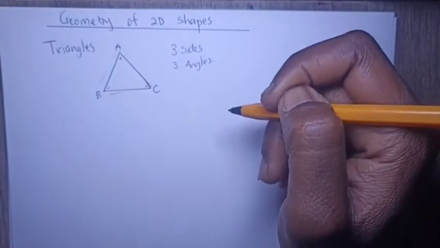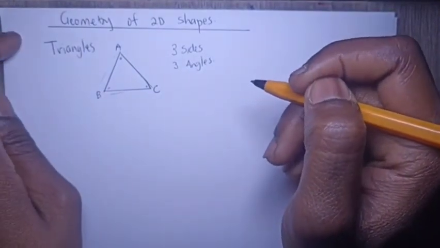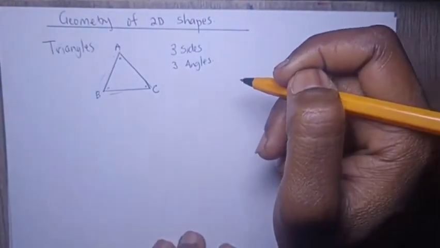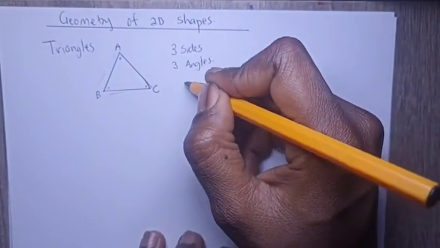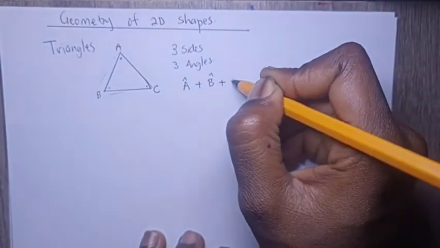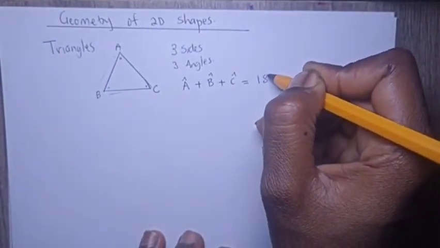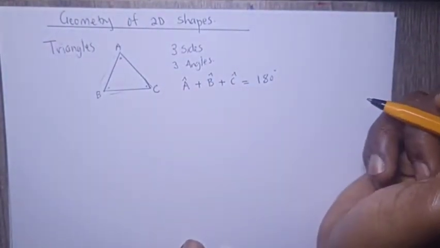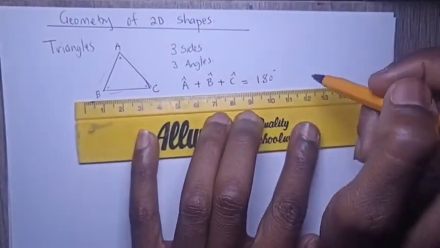What is special about these angles is that the sum of the angles adds up to how much? 180. So angle A plus angle B plus angle C will give us 180 degrees. This is very important. You need to know this one.